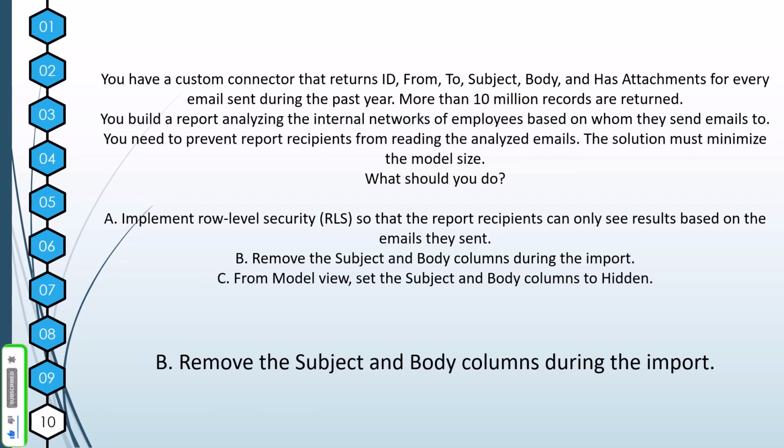The solution must minimize the model size. What should you do? A. Implement row-level security, RLS, so that the report recipients can only see results based on the emails they sent. B. Remove the Subject and Body columns during the import. C. From model view, set the Subject and Body columns to hidden. You should remove the Subject and Body columns during the import.